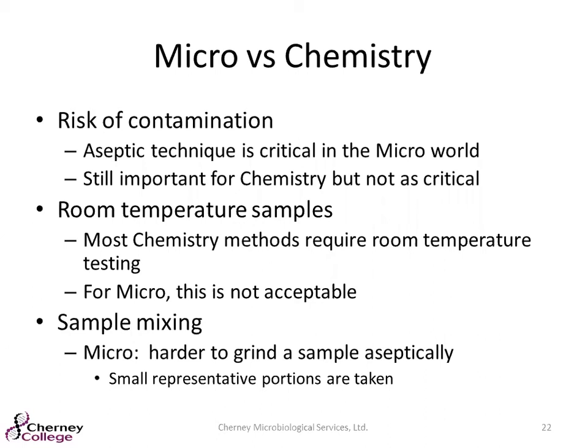So if you're doing micro and chemistry, make sure you do your micro first and then your chemistry results second. And then, for chemistry, a lot of samples need to be ground up into fine sizes. It can be hard to do that sterilely on the micro side. So that's where we take small representative portions.